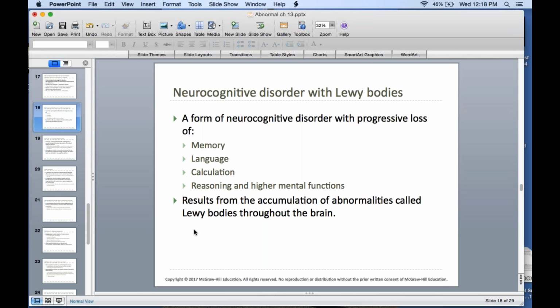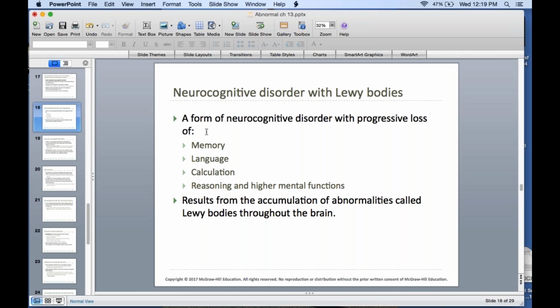In Lewy body dementia, we have what we call a stair-step decline. They're going along, things are going okay, and then all of a sudden they have a pretty dramatic decline. And then they're going along and they have another dramatic decline. And then they're going along and they have a decline. So this is more stair-step-like.